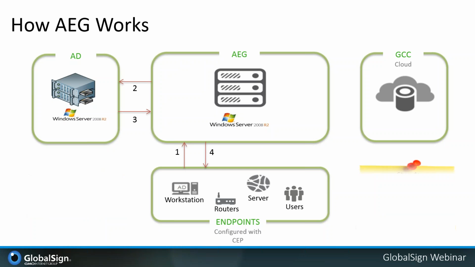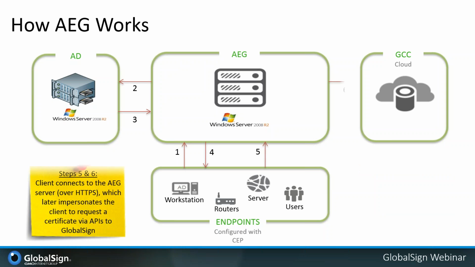Now that the endpoints have the policies in hand, they connect to the AEG server again, but this time to request the actual certificates. The AEG, in turn, impersonates these incoming requests from the endpoints and generates an API call wrapped within a CSR with all the requests and sends it to our GlobalSign Certificate Center, or GCC, for processing.